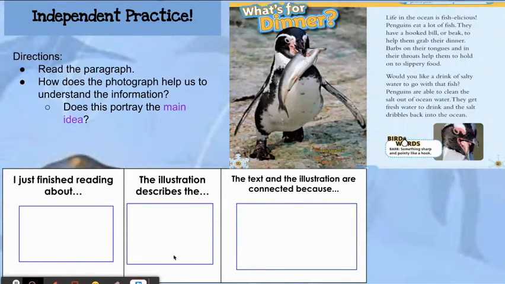The illustration describes, what does it tell you? What information is it giving you? What is it portraying? And then the text and the illustrations are connected because, tell me how this photo connects with this information. All right, boys and girls, pause this page and write this information in your notebook. Happy writing.